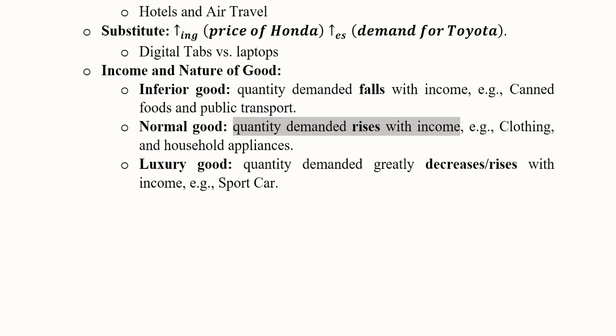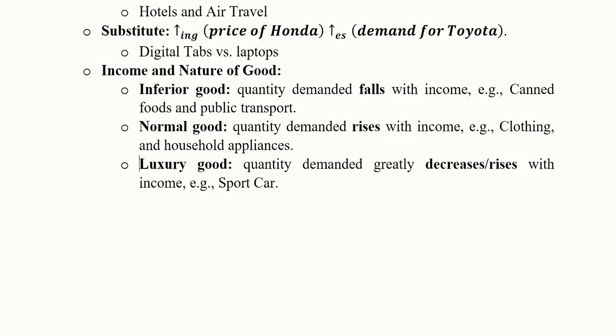So it follows a certain pattern: as our income increases, for example, the demand for clothing will increase, and the demand for household appliances will also increase because the income has increased. So it can be termed a normal good.